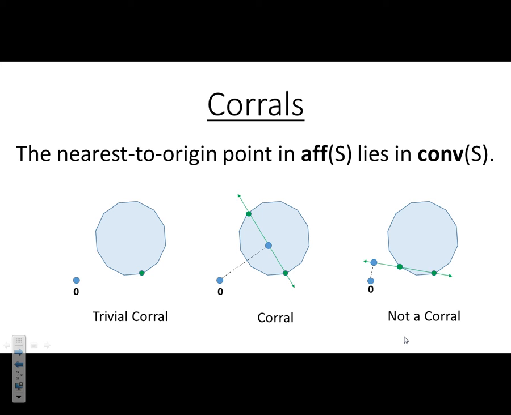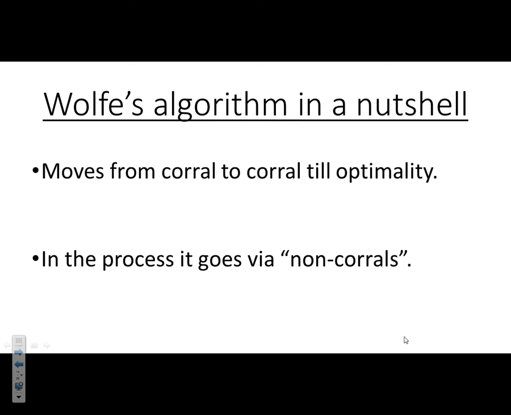These 2 points don't form a corral because the minimum norm point on the affine hull lies here. Okay? If you have just 1 point, it's a trivial corral because the convex hull and the affine hull are the same. So given a corral, I can actually find the closest point in the convex hull. In a nutshell, Wolfe's algorithm moves from one corral to another till it finds the optimal corral, and in the process it might go via some non-corrals.